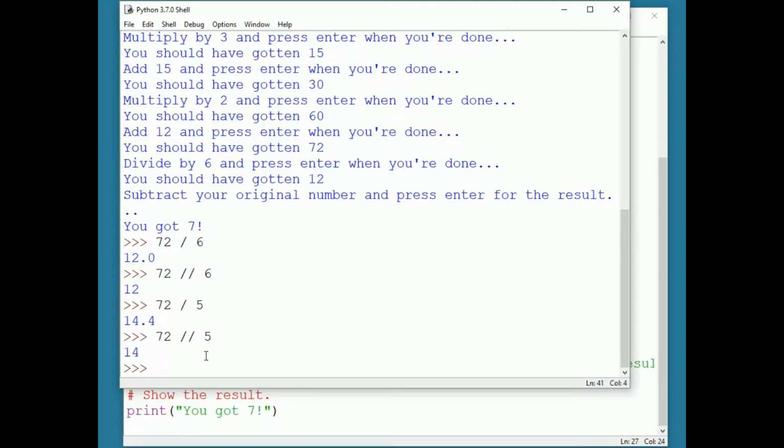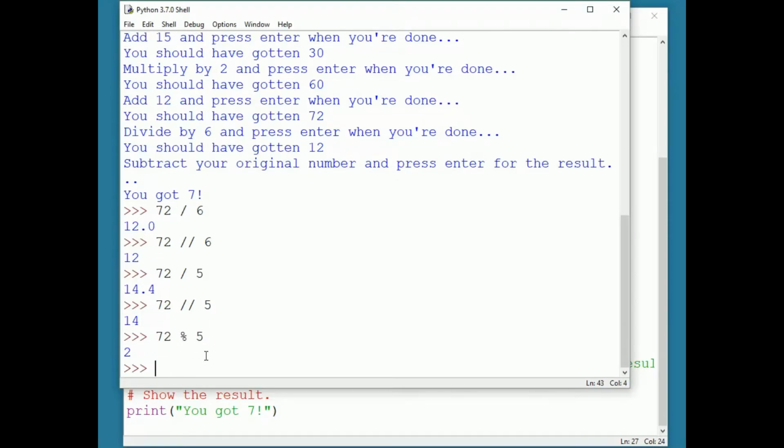I write this as 72 mod 5, and the result is 2. That means there is 2 left in the 72 after I take out 14 5s. This is another operator you should practice with until you can consistently predict the correct result.